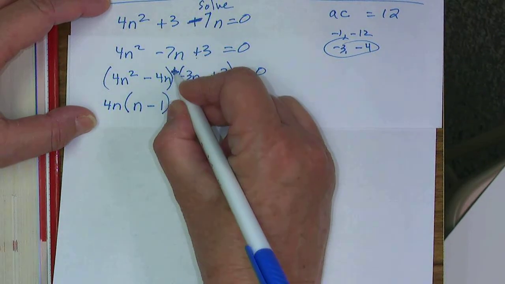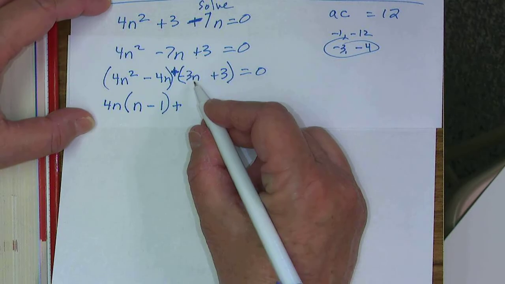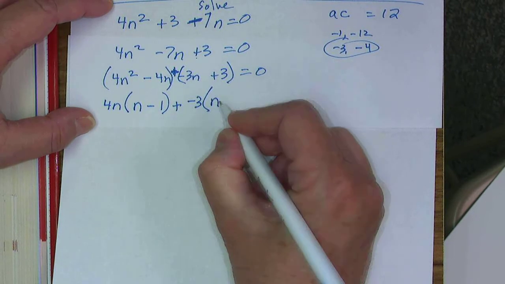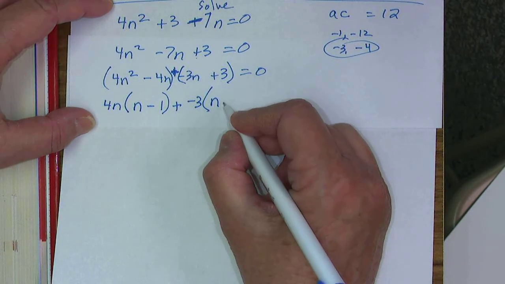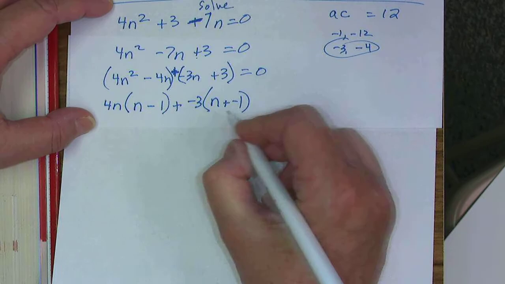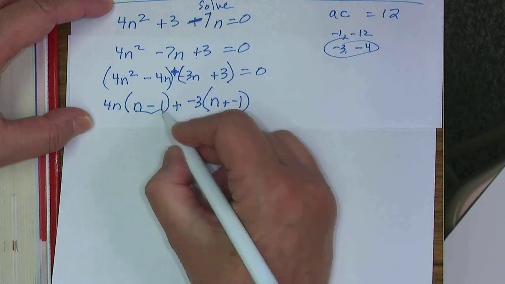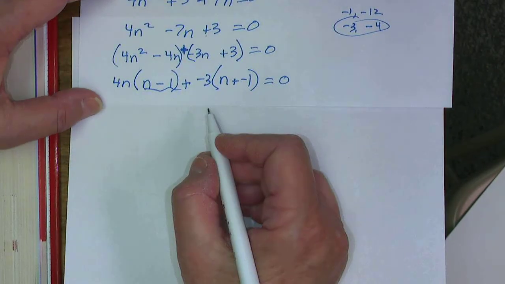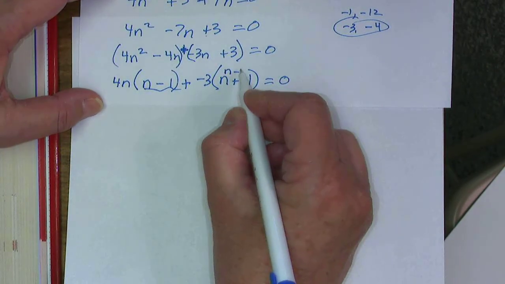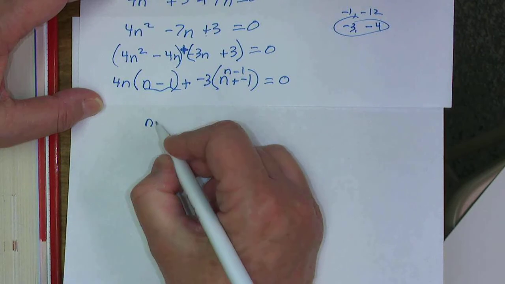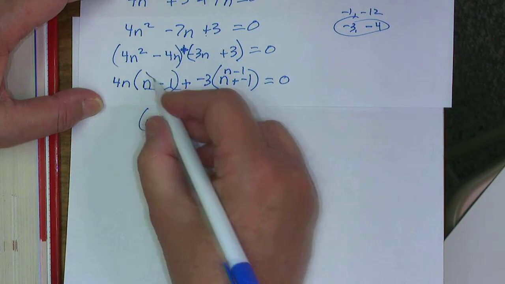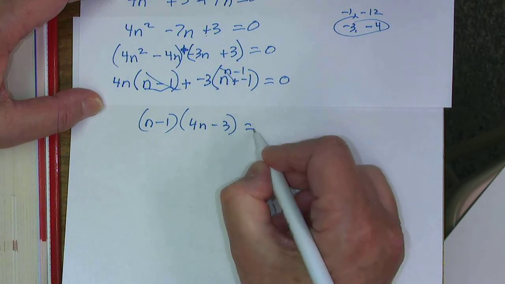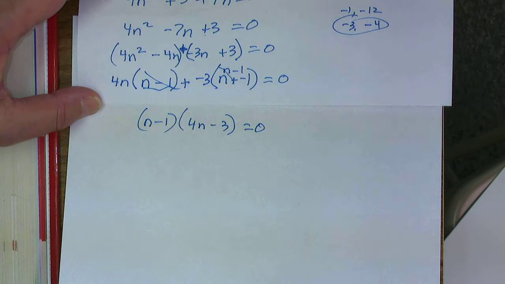I'm going to factor out a negative 3 so that it leaves me the n and then plus negative 1. That gives me a positive 3 because I want the same thing that's here, equals 0. And again, that's the same as n minus 1. So they have a common factor of n minus 1. When you take that out, you have 4n minus 3 equals 0, because we're actually solving.